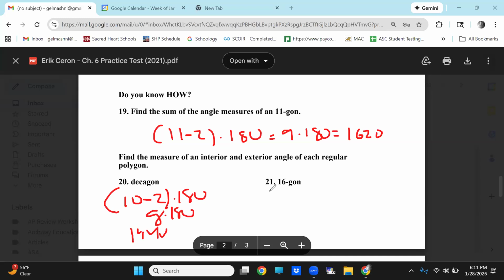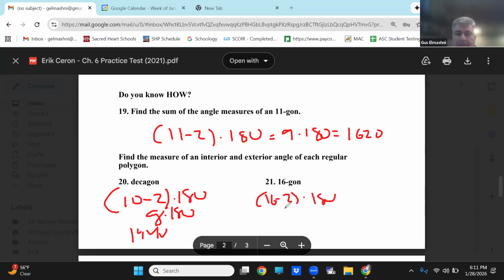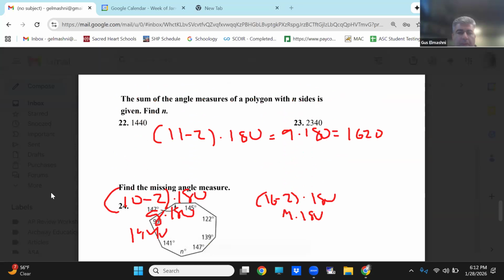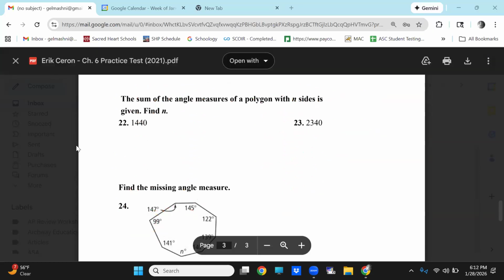So then 21 is 2,520. Got a calculator? Yeah, I have a calculator. Just double check your math. Okay. Cool. Got it. Okay, we're at the home stretch here.